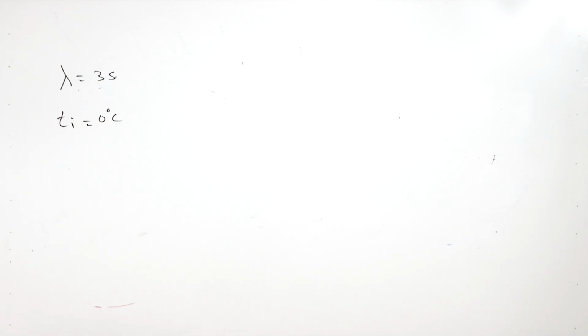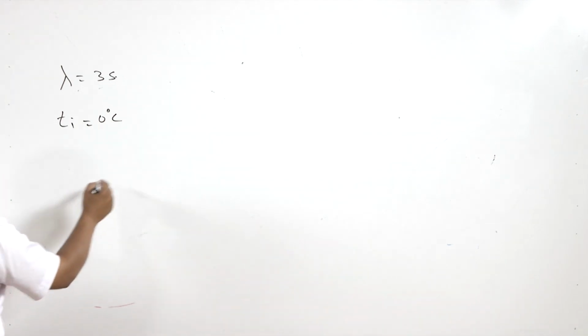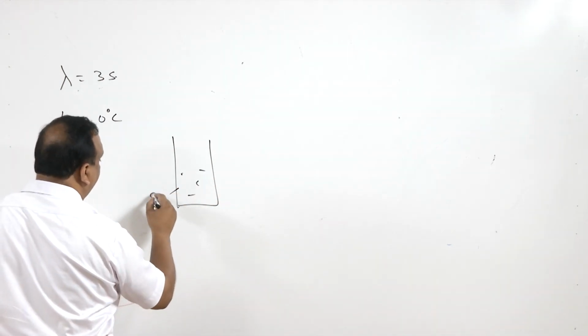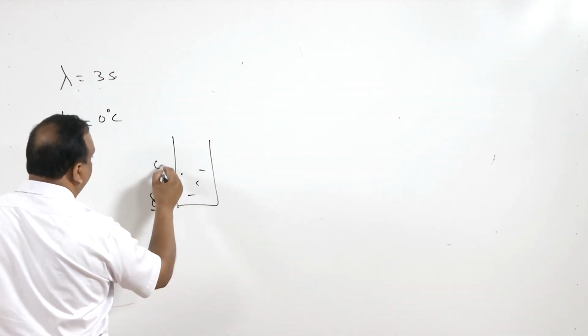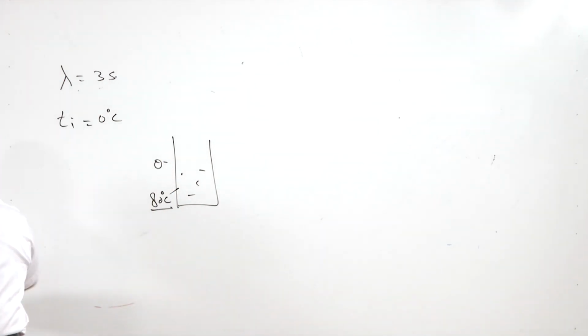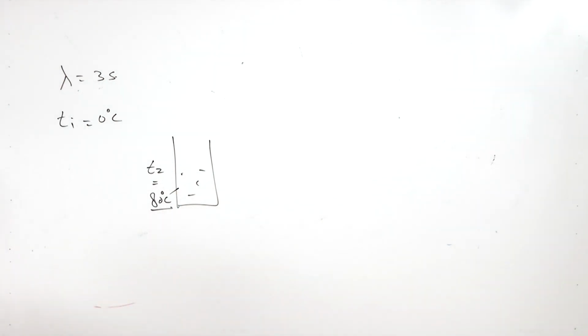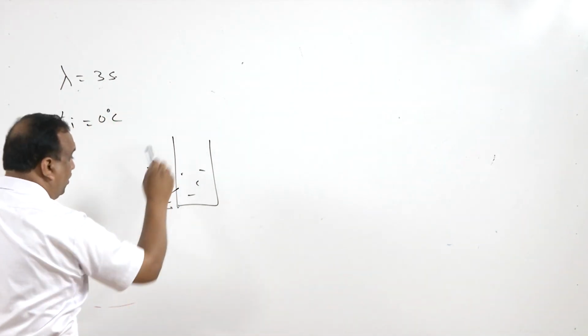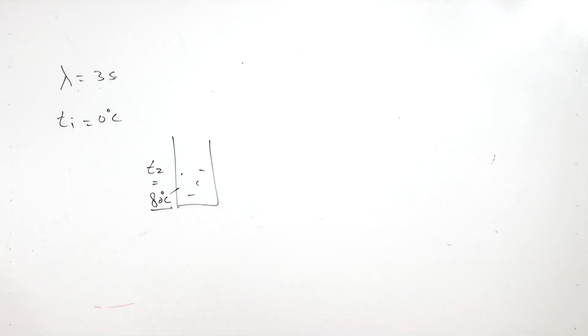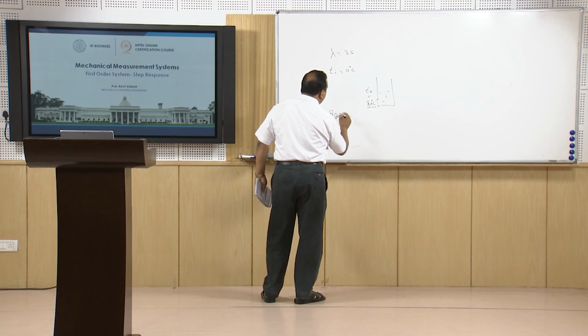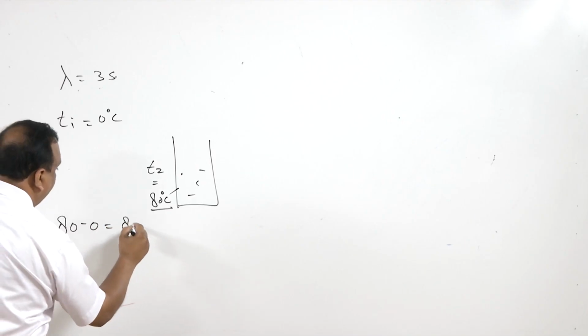And there is hot water in a pan. In the hot water in the pan, the temperature is 80 degree centigrade. This is T1 and this is T2. When the thermometer is dipped in this hot water, the step input is going to be 80 minus 0, which is 80 degree centigrade.